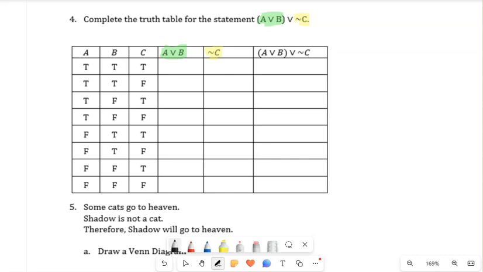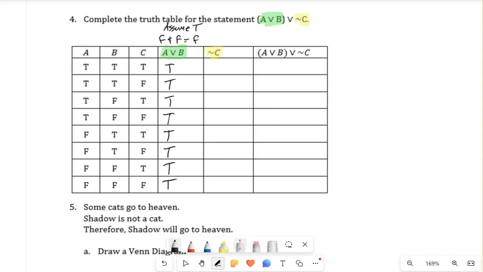All right, so here we have the or. So we assume true, and a false or false equals false. So we can just go right through here and assume they're all true and get most of this column correct.